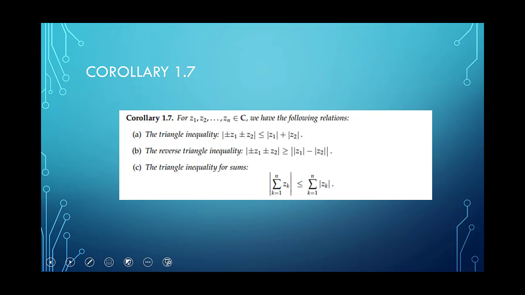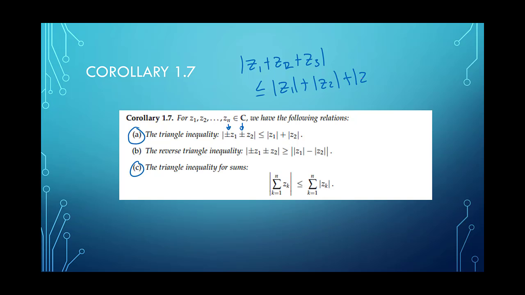Now, from the triangle inequality, we do actually get a couple more properties as well. So A here in Corollary 1.7 is just the triangle inequality, but we've generalized it to plus or minus z1 plus or minus z2. We still get the same sort of relation. Part C here is saying if you take the sum, so let's say we have the sum of z1 plus z2 plus z3, for instance, this is still going to be less than or equal to the length of z1 plus the length of z2 plus the length of z3.